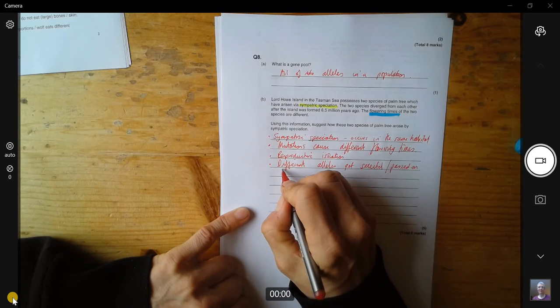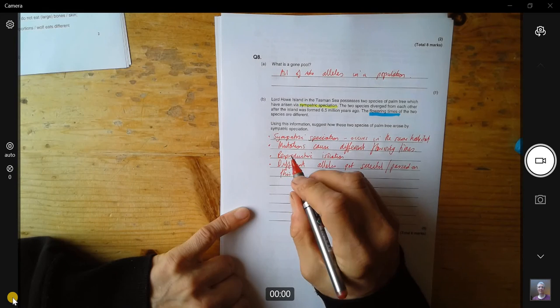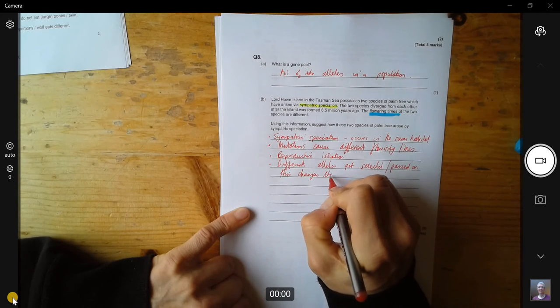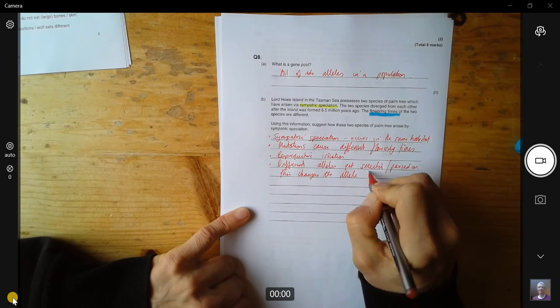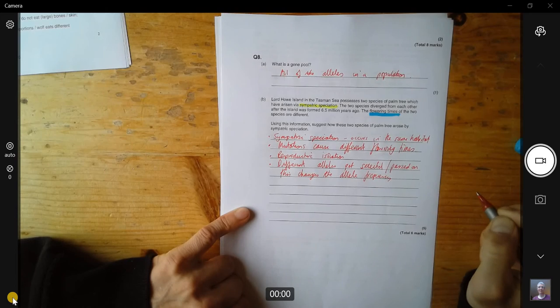And this changes, it's an alternative part of this mark, this changes the allele frequency of that allele.